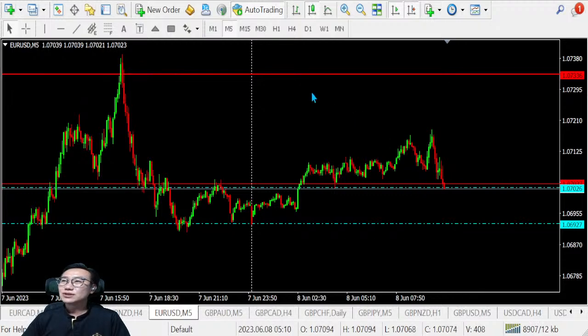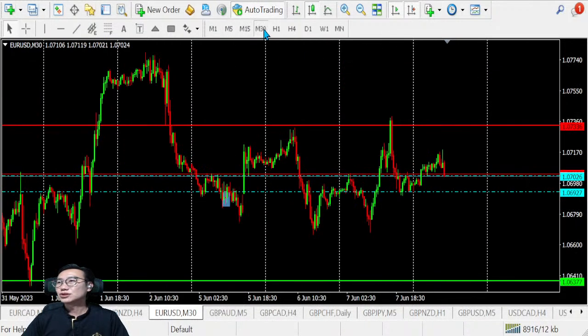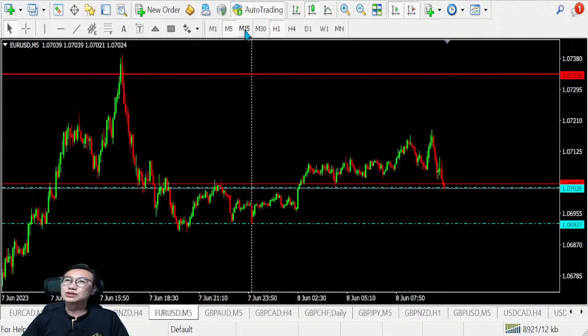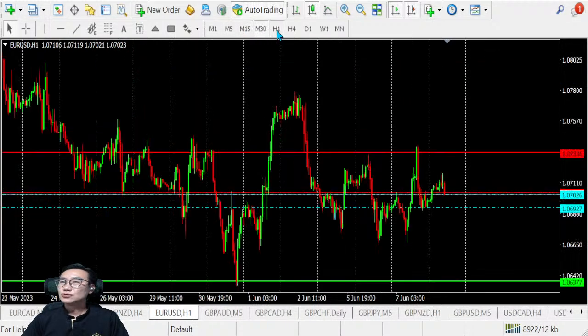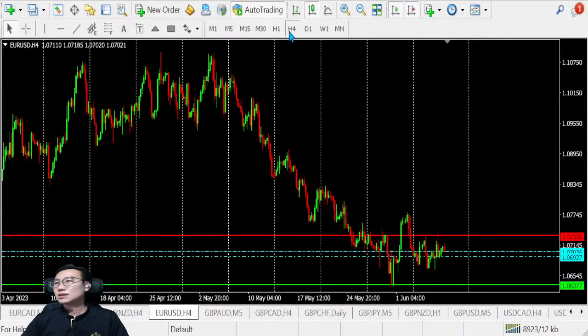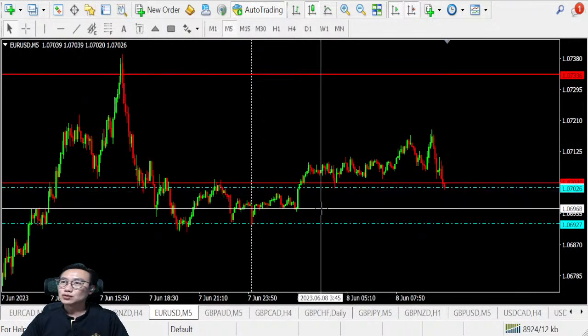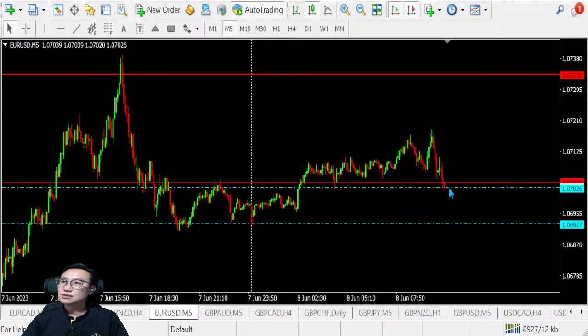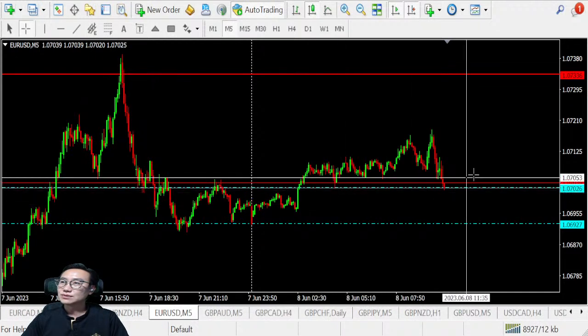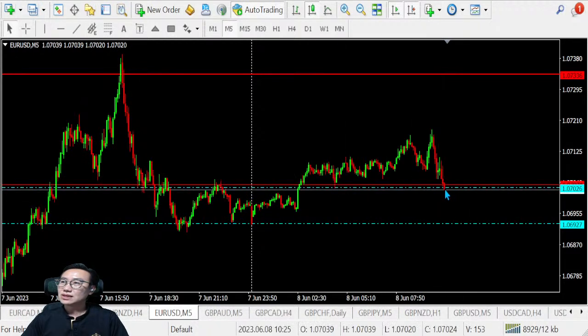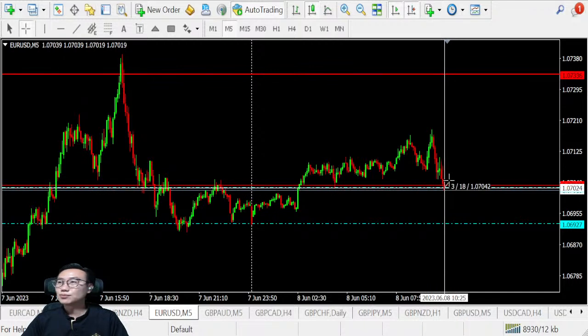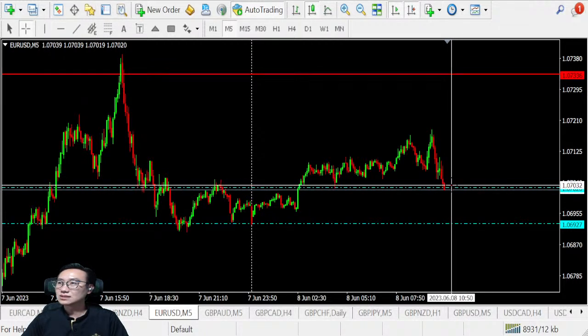Euro dollar actually looks pretty okay. However, this area here should be quite good. Before entering into this area, it should give some push up, a new resistance, then push down again.